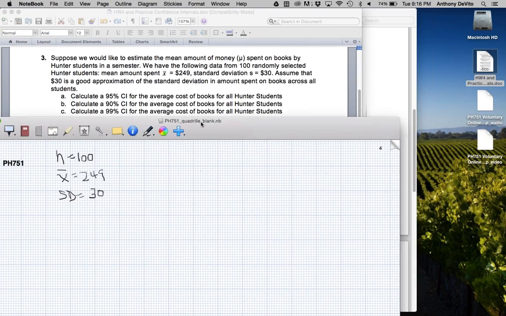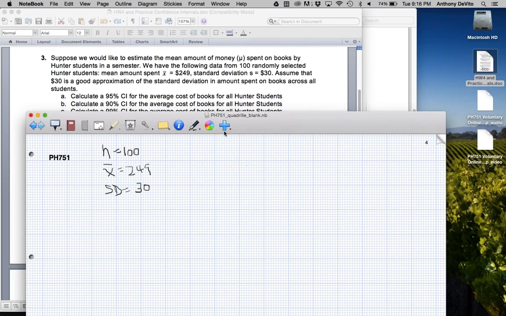Okay, in this case, sample size is 100, mean is 249, and the standard deviation, which we're assuming to be the same as sigma for our purposes. One of the reasons we might do that is because the sample size is so large.